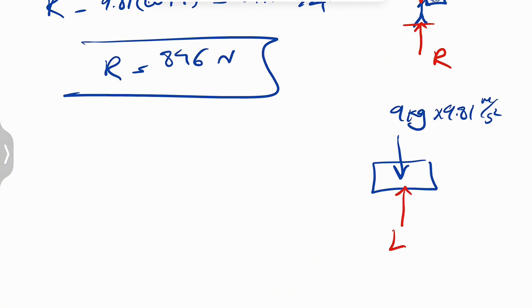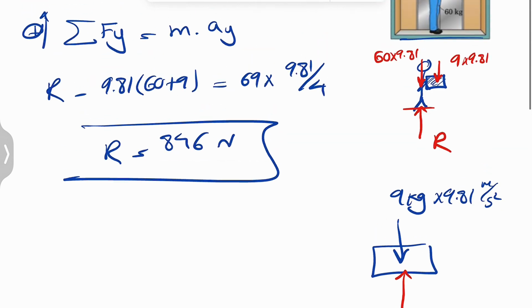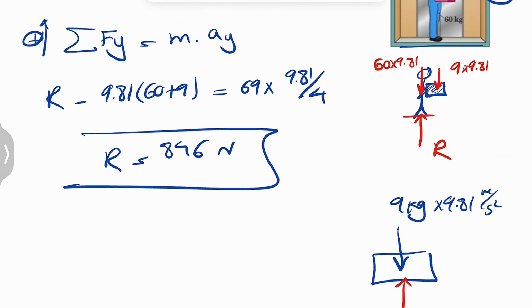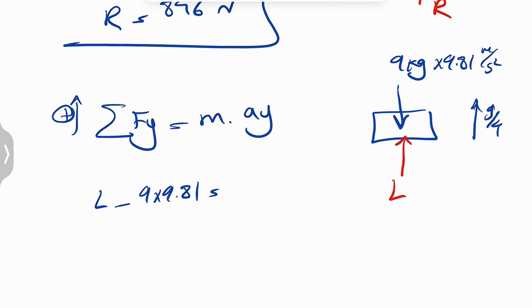We can just consider one force L, which would be the net force for both hands. Again, the box is going up with the same acceleration of g over 4. So the sum of all forces in y equals mass times a_y. Again, this is our positive y direction. So L minus 9 times 9.81 is equal to 9 times g divided by 4.